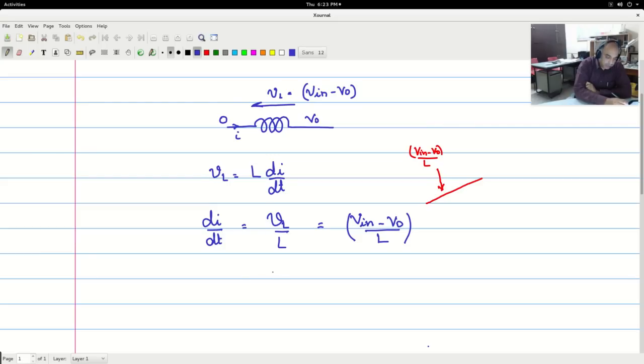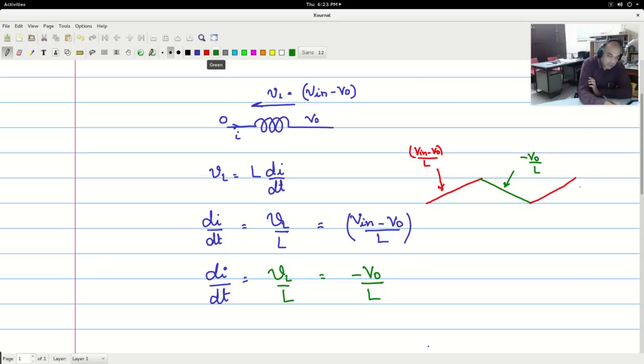So what is the rate? di by dt would still be VL by L, but now it will become minus V naught by L. Now minus V naught by L indicates negative slope, so it should start falling at this rate. So this would be minus V naught by L, a negative slope, falling rate. And then the subsequent cycle again should go in this fashion and start falling.